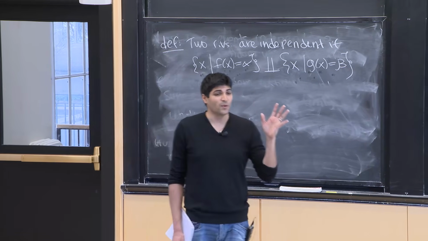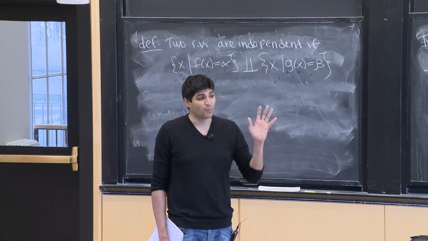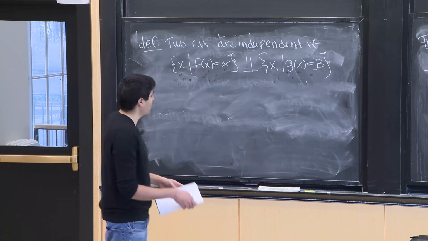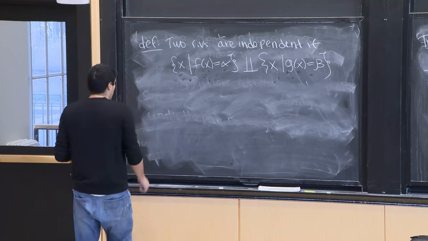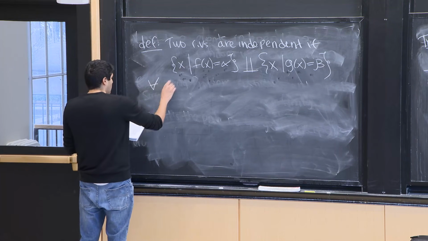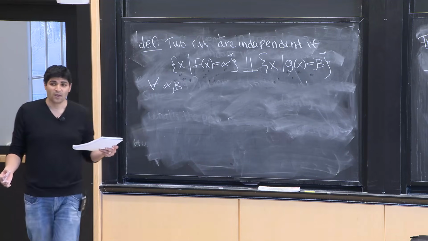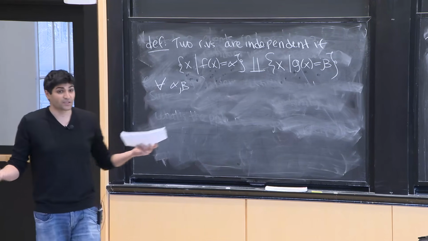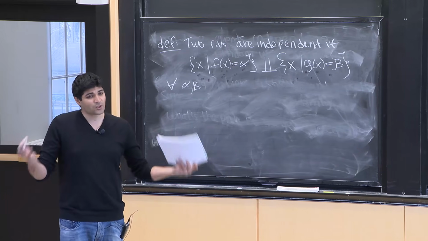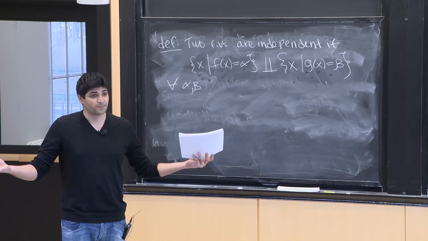I want the probability of the intersection of those two events to equal the product of their probabilities. That's literally how we defined independence of events. And what it means for random variables to be independent is this more stringent thing: for any choice of alpha and beta, which induces an event for one random variable and one for the other, I want every such pair of events to be independent.